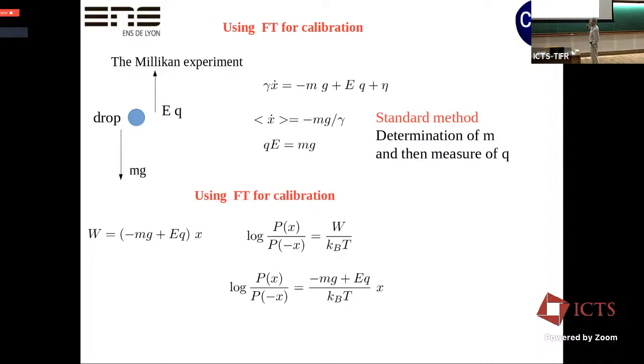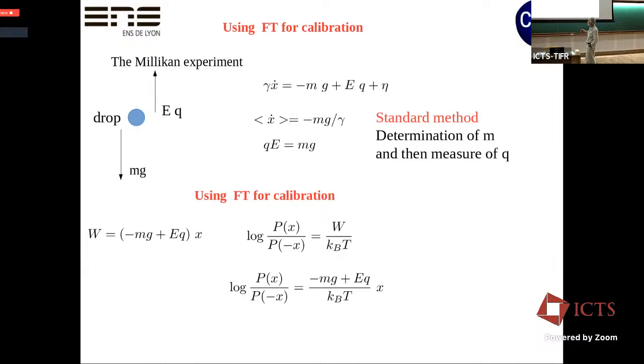But the weight of the drop is determined using the viscosity, which is very difficult, especially in air where the viscosity is very weak. Now, let me do this simple game. What is the work? The work of the falling drop is just minus mg plus EQ, the external field that is applied from outside.